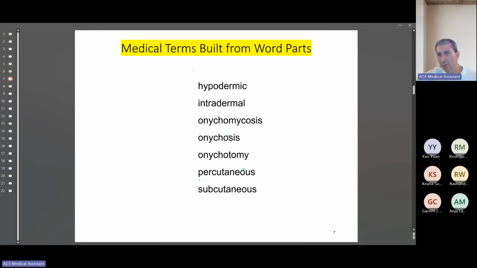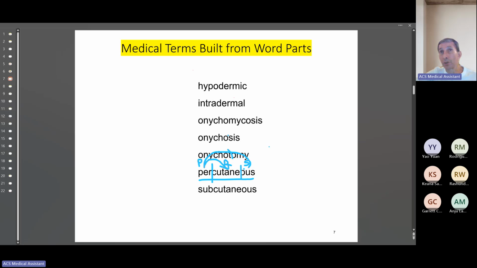Let's look at this one. We saw this already. Percutaneous. OUS, this is the suffix. Cutane, this is a word root. Per is a prefix. Percutaneous means pertaining to through the skin.